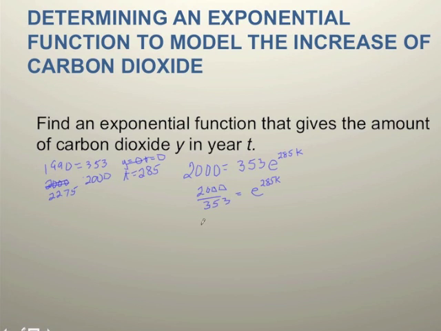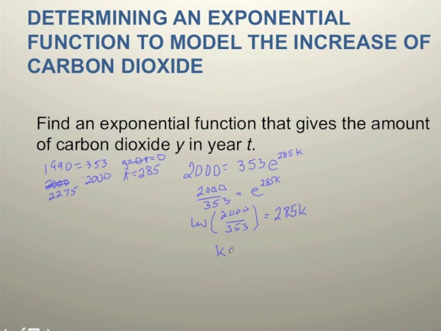We'll take logs of both sides. So ln of 2,000 divided by 353 equals the ln of e to the 285k, which we know is just 285k.